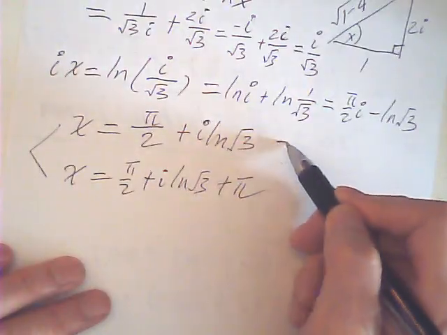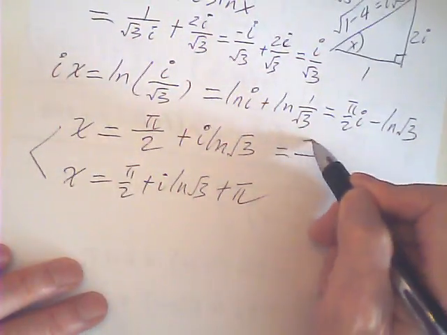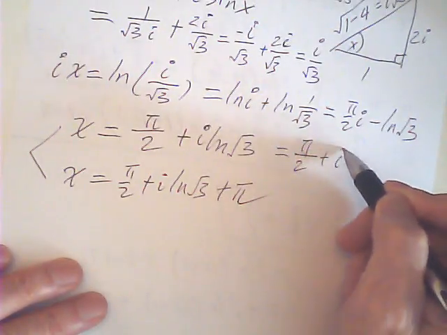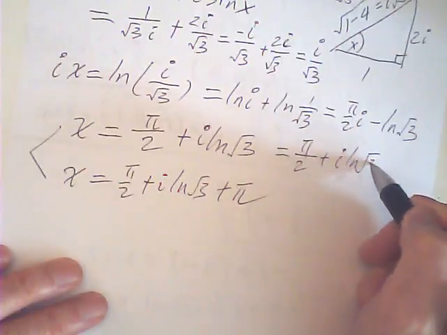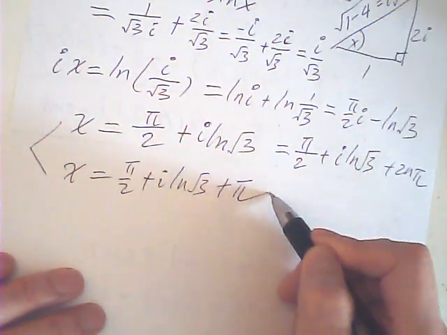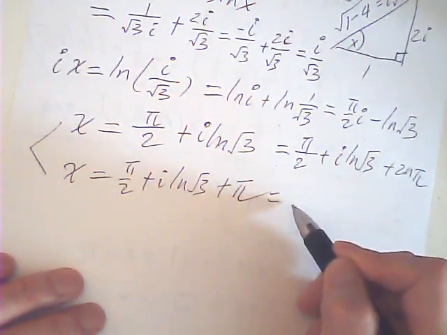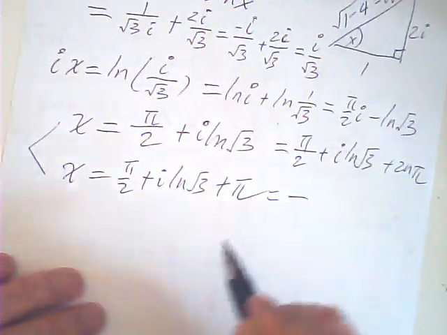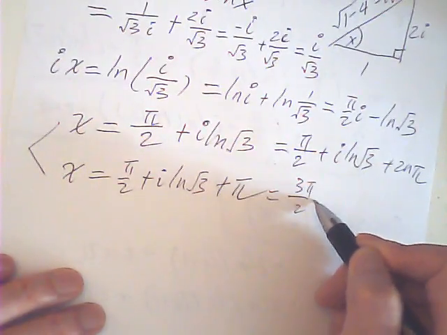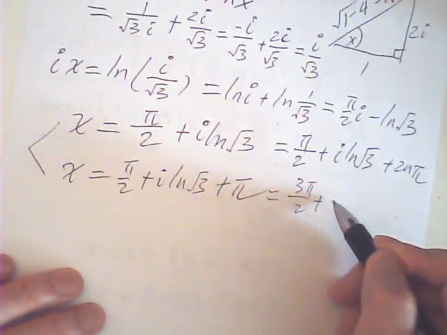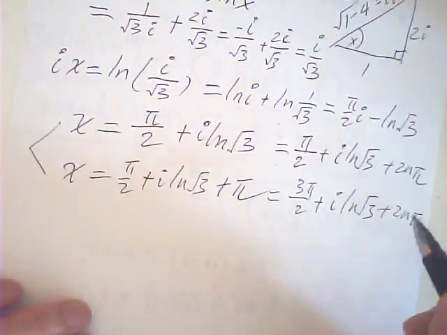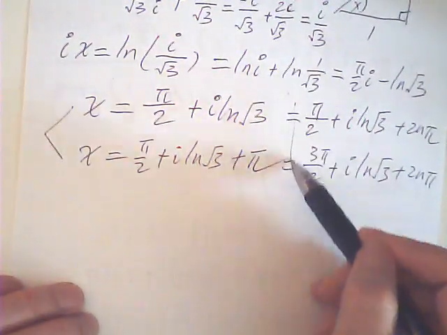And then we plus 2k pi, right? That will be the general solution. Yeah, i log root 3 plus 2n pi. See, this will be half pi plus i log root 3 plus 2n pi. See, that will be the general solution.